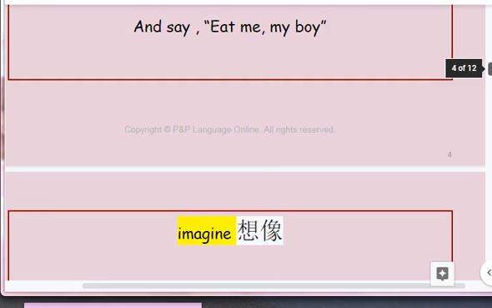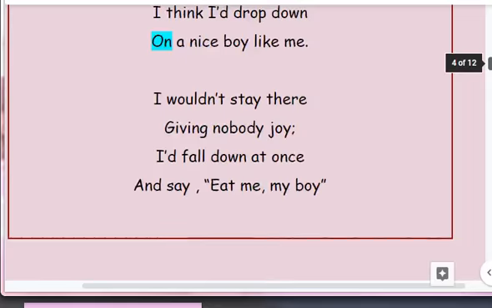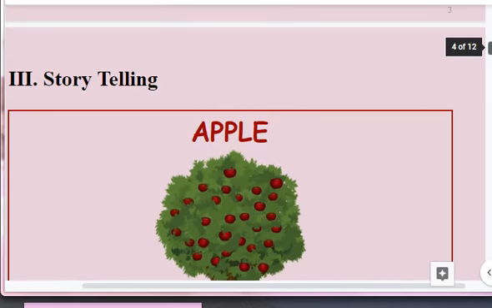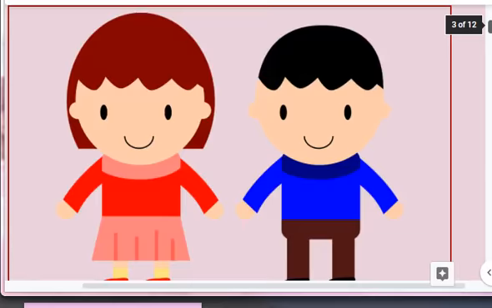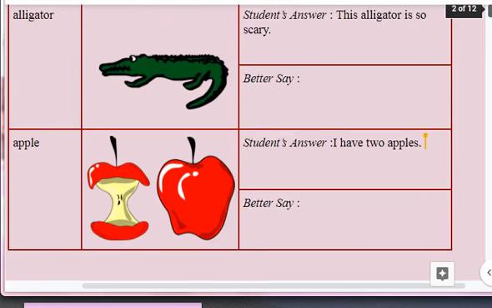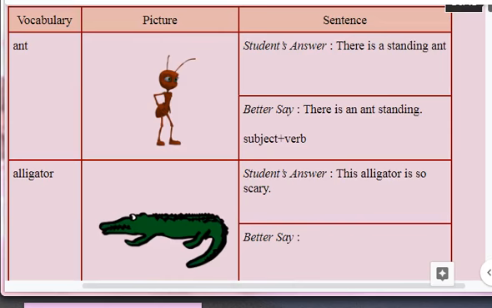So, Cora, thank you for tonight, and you really did great in the demo lesson that we have. You were great in reading the story about the apple, and also in making your sentences. I only corrected the first example that you gave me, and the rest you were able to make correctly.